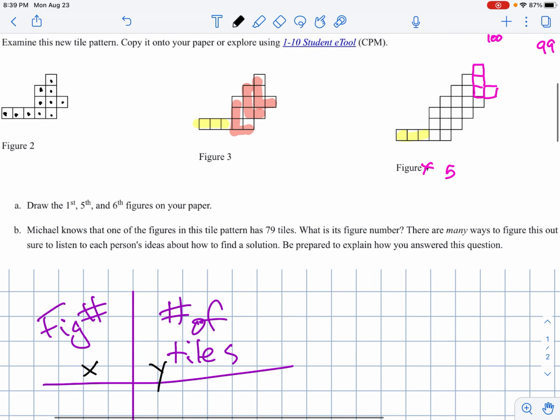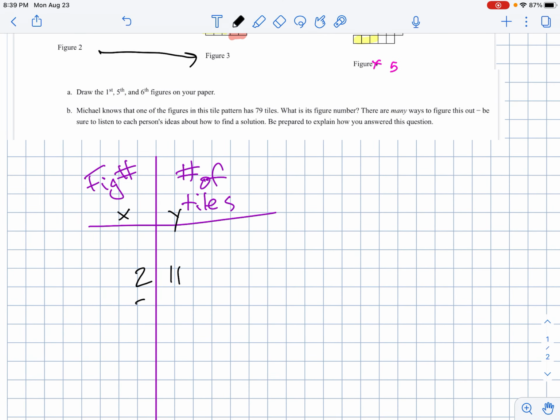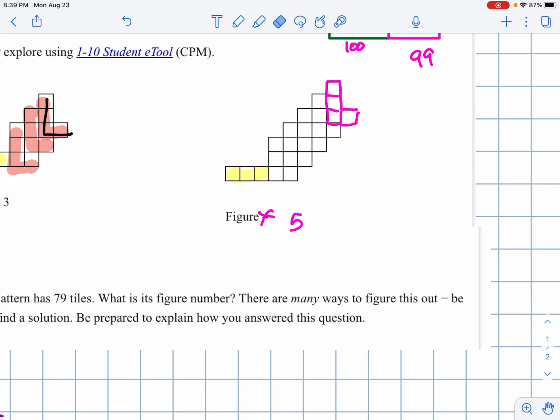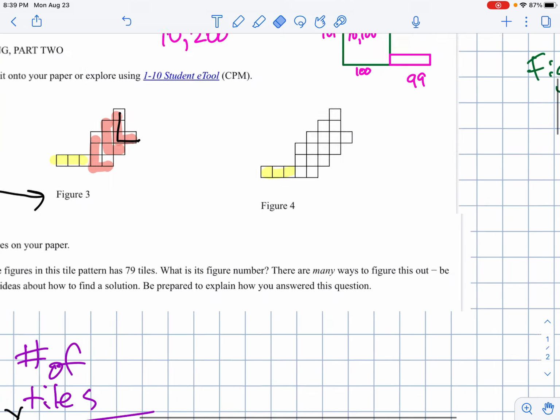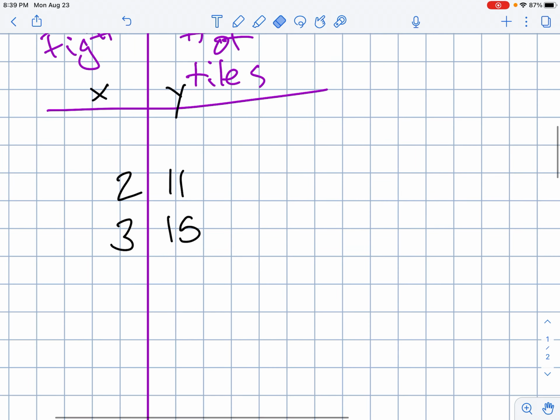So going from figure 2 to figure 3, we're going to gain these 4 tiles, remember? So you're going to have just 4 more tiles. That means figure 3 will have 15 tiles. Figure 4, maybe I should erase this so I don't make a mistake again. We'll have 4 more than figure 3, so figure 4 will have 19 tiles.